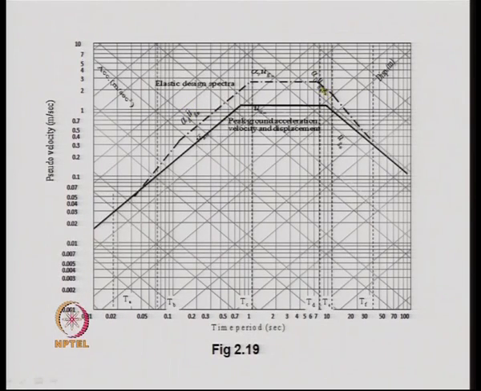Similarly, this line is parallel to this line, and this is equal to alpha D times the maximum ground displacement, and this line is parallel to this line, and this value is equal to alpha V times the maximum ground velocity. Once we have these lines plotted, one can join these lines to get the idealized response spectrum described with the help of a series of straight lines.